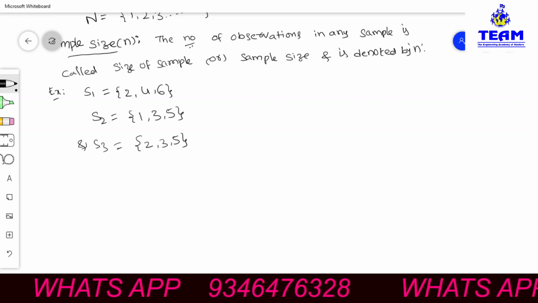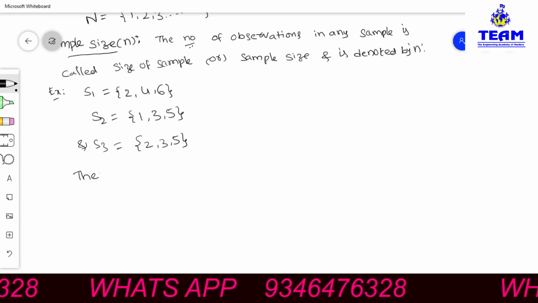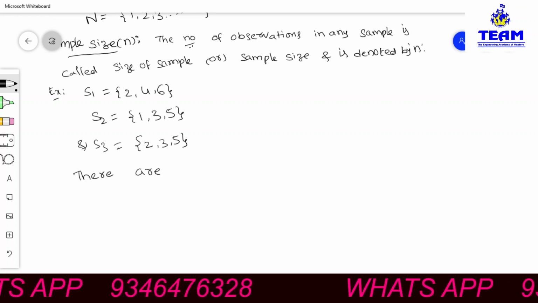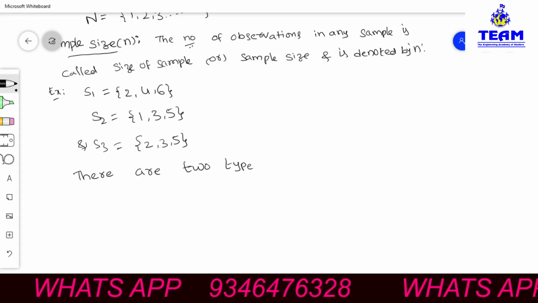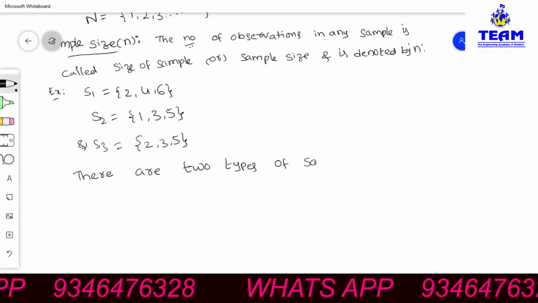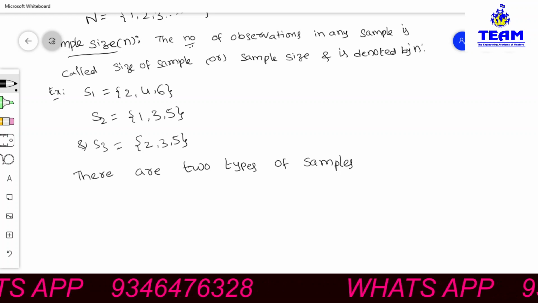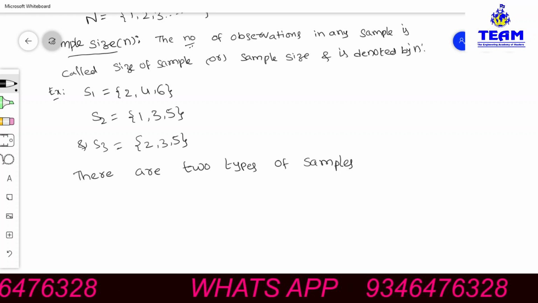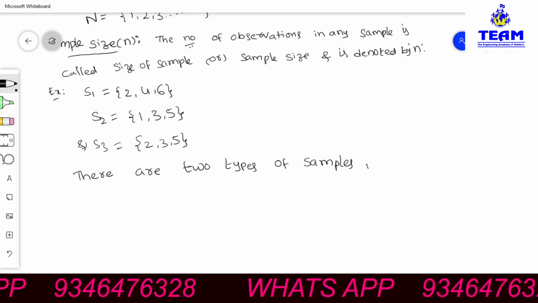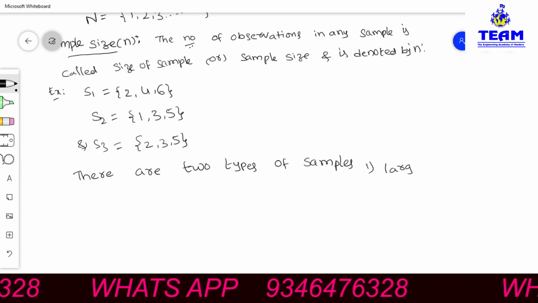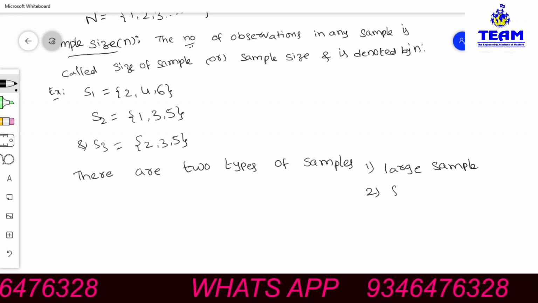There are two types of samples: large sample and small sample.